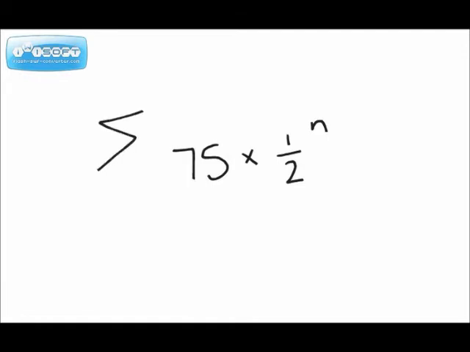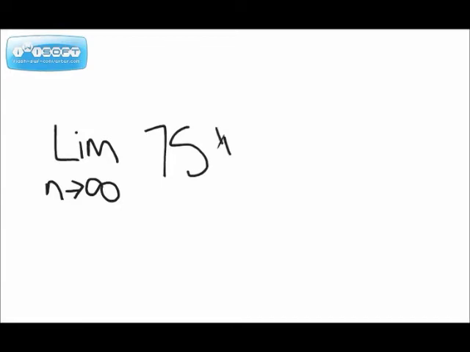We're going to take the sum of this, starting from n equals 0, and going to infinity. There is our sum. Once we have our sum, we can find the limit. So what we'll do is take the limit as n approaches infinity of 75 times 1/2 to the n.